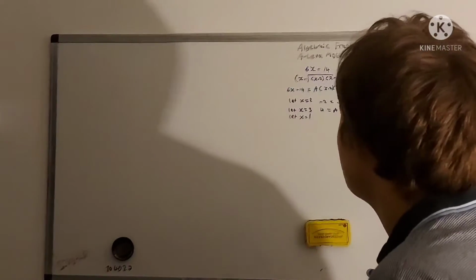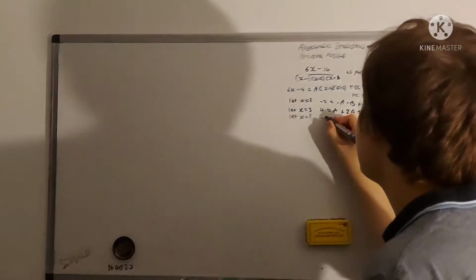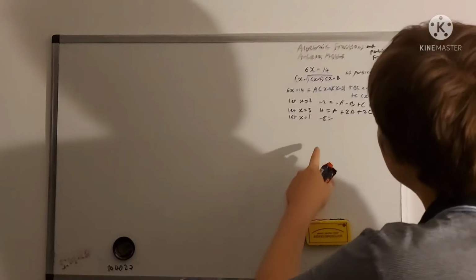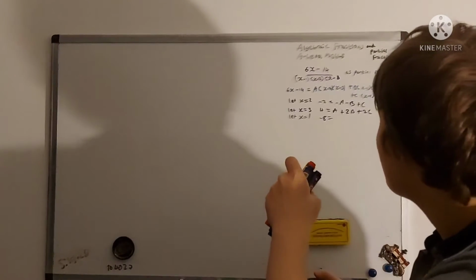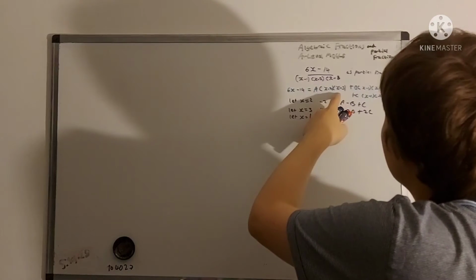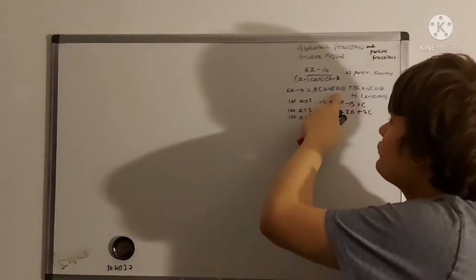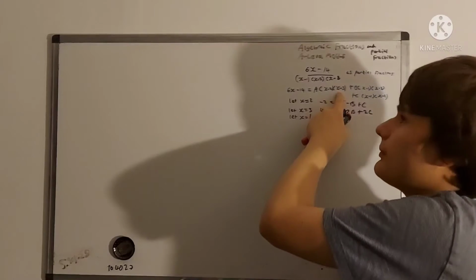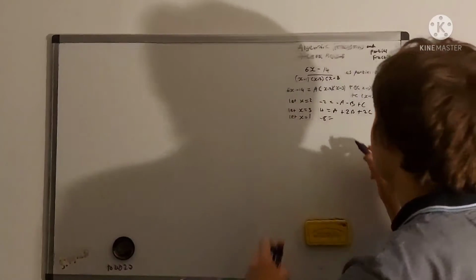Then what else do you want to let equal to? Well, let's pick the easy one, pick 1. So 6 lots of 1 is 6, take away 14 gives you minus 8. So 1 minus 2 gives minus 1. And then multiply that by, so it's minus 1 times minus 2, which will just give us 2a.